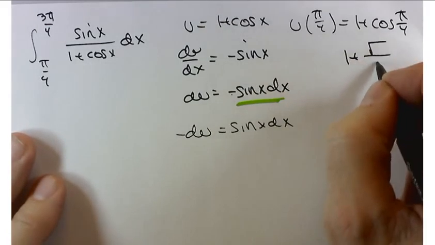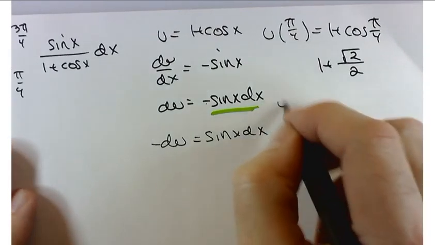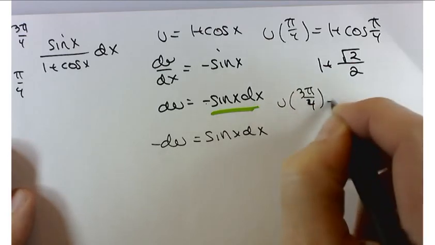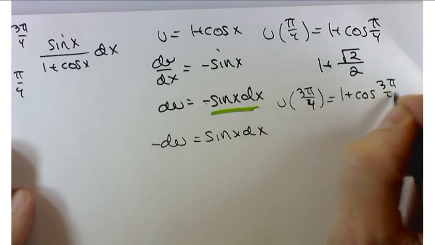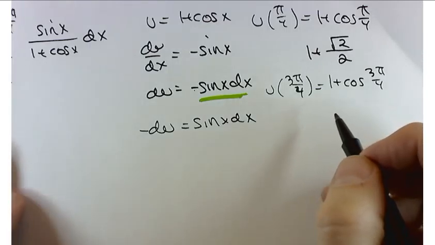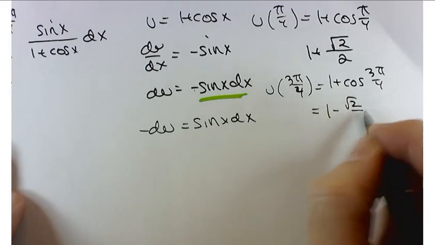Square root of 2 over 2. And likewise, u of 3 pi over 4, 1 plus cosine of 3 pi over 4. Now on the left side of the line, pi over 2, cosine is going to be negative. So this is going to be 1 minus square root of 2 over 2.